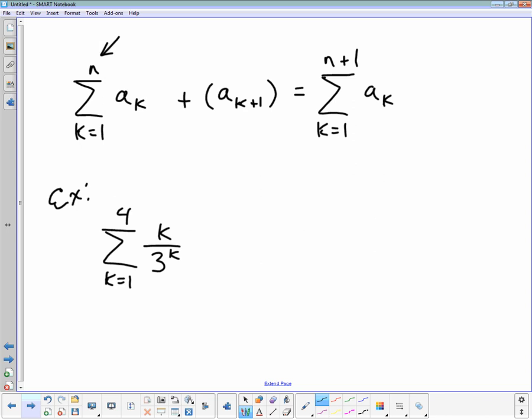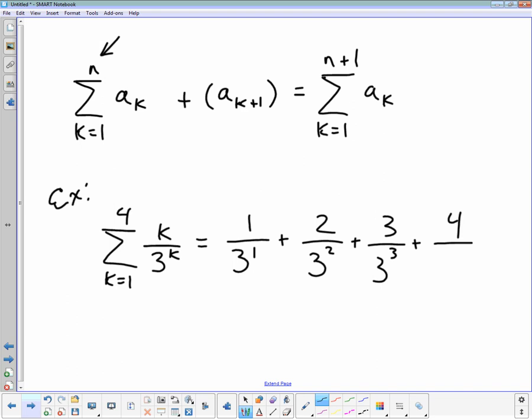Well, let's first blow this thing up and see what it looks like, so that we can put our brain about what it would look like if it really was a 5. This is 1 over 3 to the first, 2 over 3 to the second, 3 over 3 to the third, and 4 over 3 to the fourth. That's what it looks like right now.